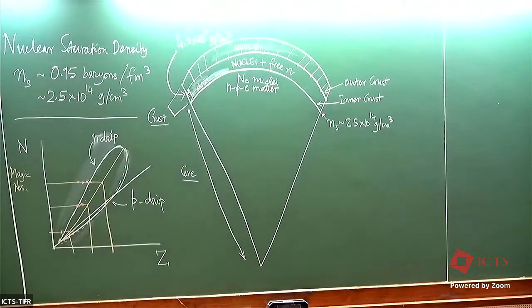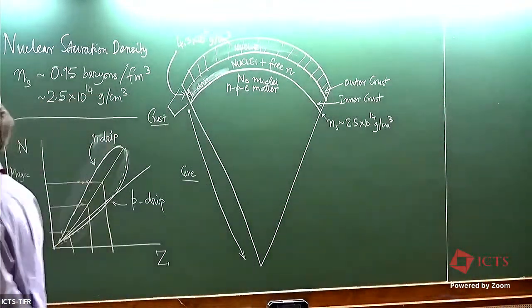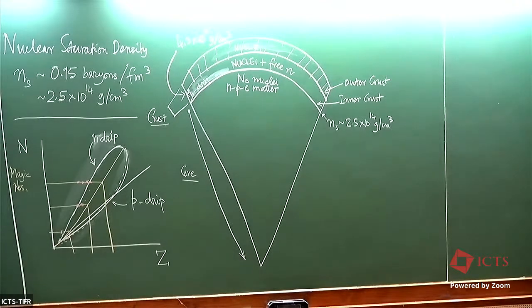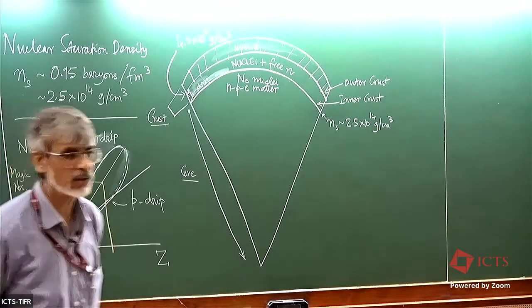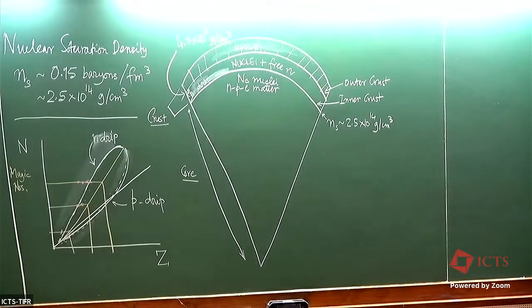So now let us ask, what is the real problem with the equation of state? We started by saying that when you have neutrons, neutron degeneracy provides pressure, and why is that not an adequate description of the neutron star equation of state?